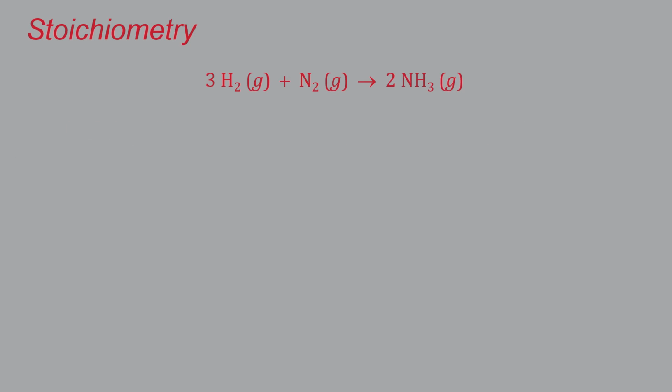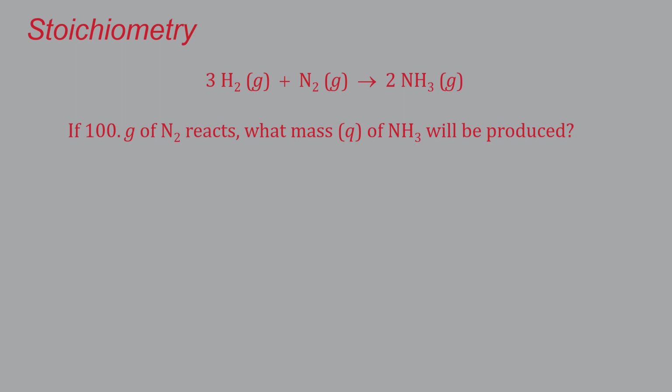So here's the last level of complexity, which is relating the mass of one component to the mass of the other component. And this is just one step added on to the end.